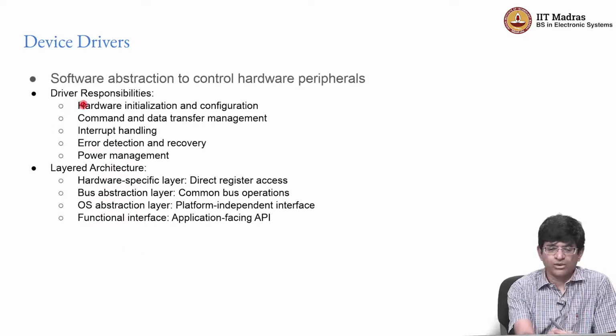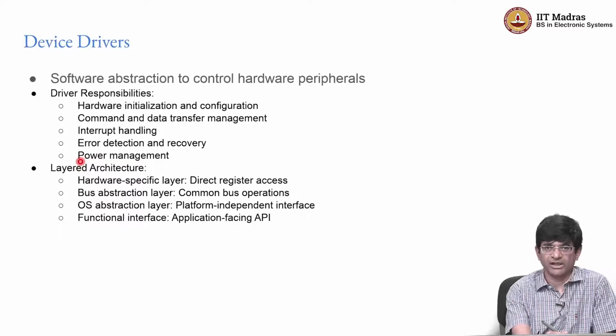What a driver needs to do is things like initializing and configuring hardware, transferring commands into the peripheral or transferring data, right, how to handle interrupts, how to detect and recover from errors, as well as some kinds of power management capabilities, which could include things like turning off a peripheral when it's not being used and so on. What a driver does is very rarely to do this automatically. It provides a set of functions to the application software or to the operating system, which can then be used in order to do this.